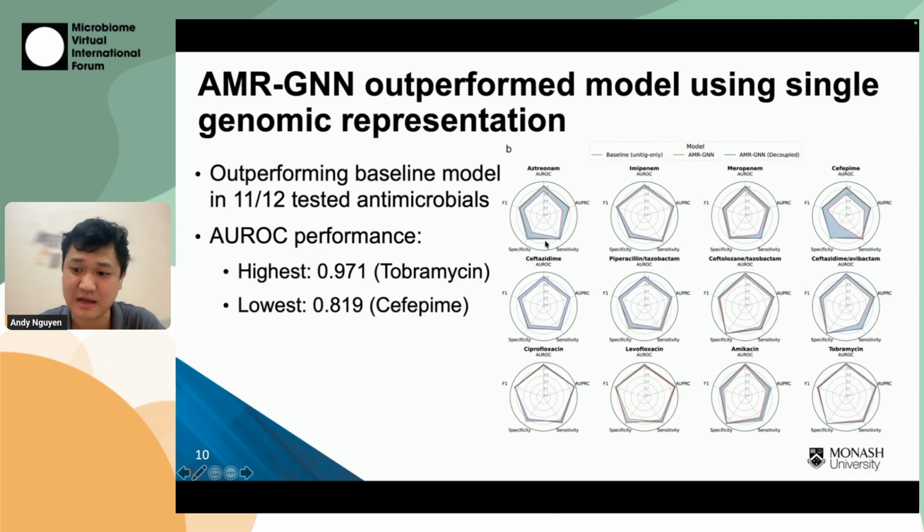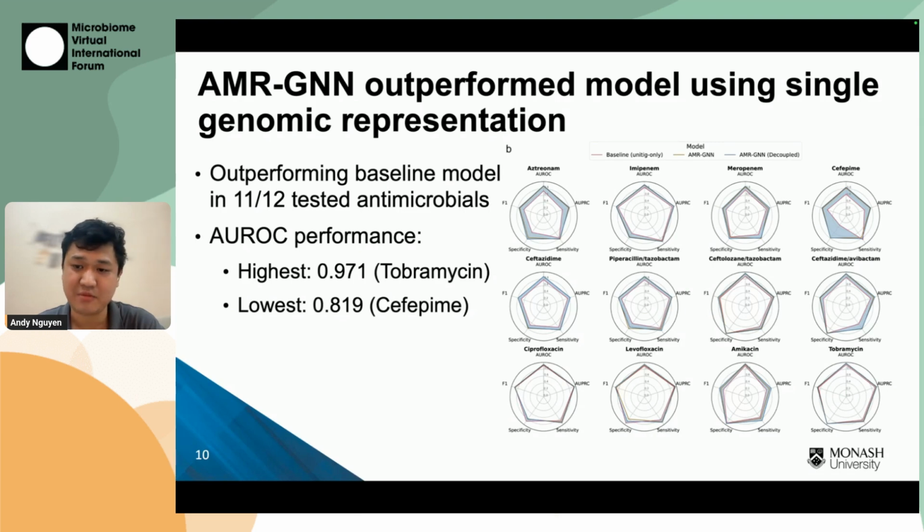In most cases, the pink line is inside the orange line, which means that AMR-GNN models actually outperform the baseline model in 11 out of 12 tested antibiotics, and for the remaining antibiotic, we achieve a comparable result.